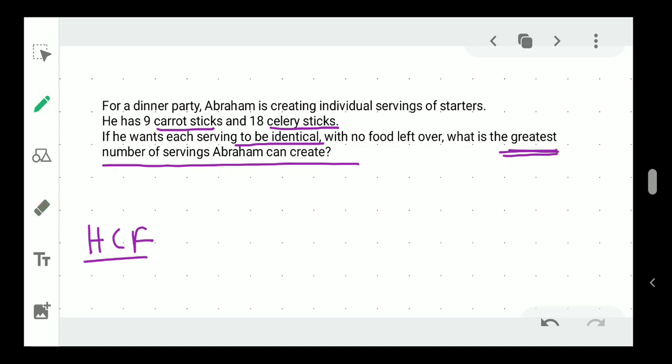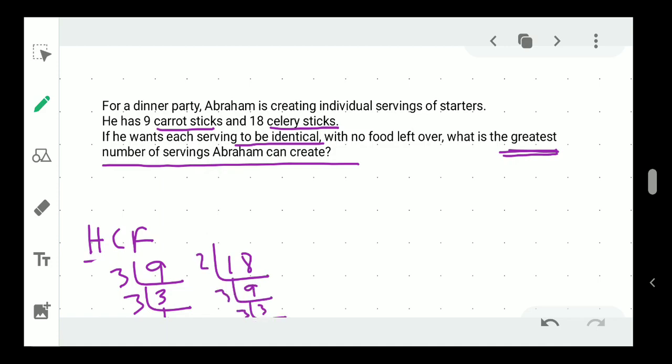Okay, so the HCF of 9 and 18. Let us do it. 9 is 3 times 3 times 1. And then we have 18, which is 2 times 3 times 3 times 1.